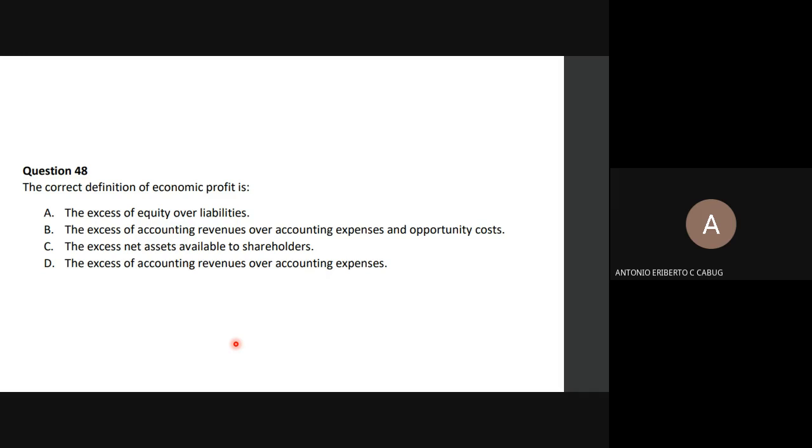Game. Everyone, please answer. Okay. It is the excess of accounting revenues over accounting expenses. That is only accounting profit. But the opportunity cost must also be accounted for. That is what economic profit is all about.